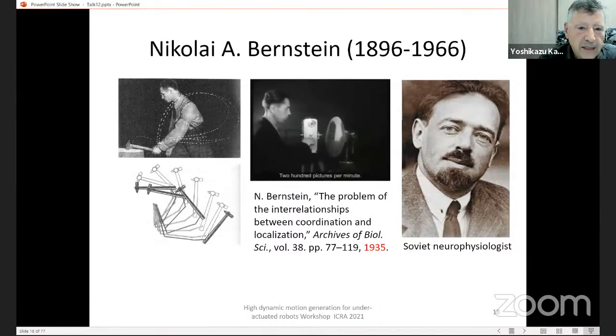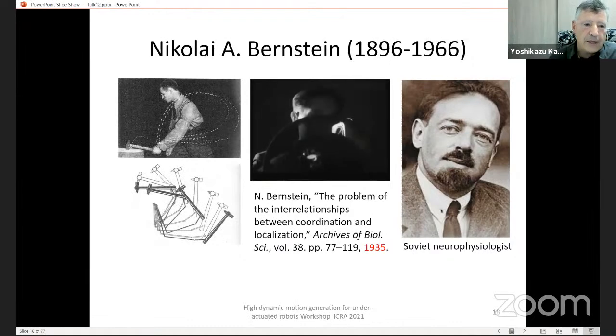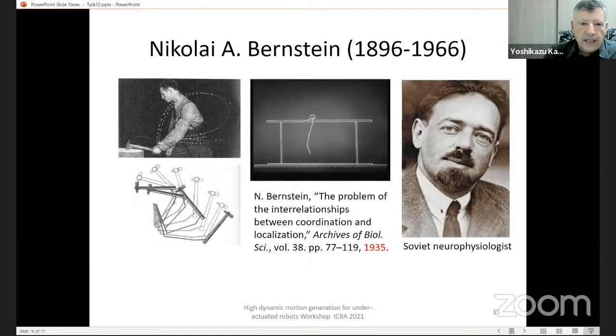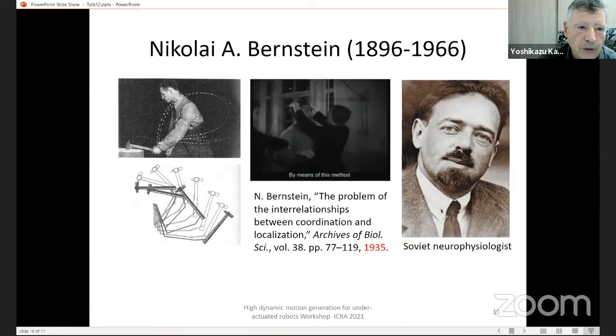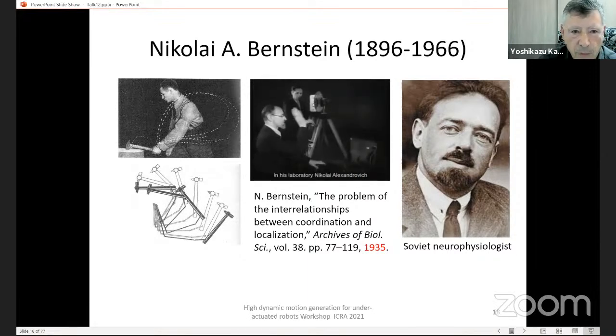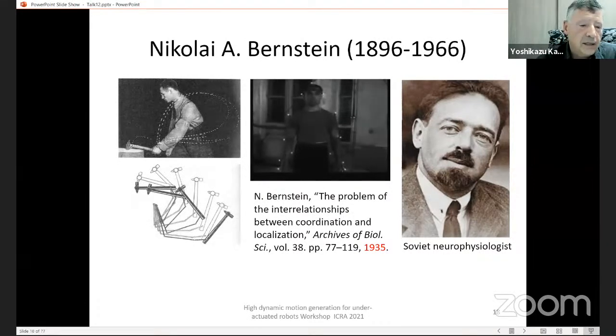On the left side, you see that one task he considered was hammering a chisel. This was a very simple task because the arm moves fairly in one plane and the hammer is in one plane, so he could easily analyze it with these cyclograms. He used something like motion capture, as you see in the middle of this movie I found.